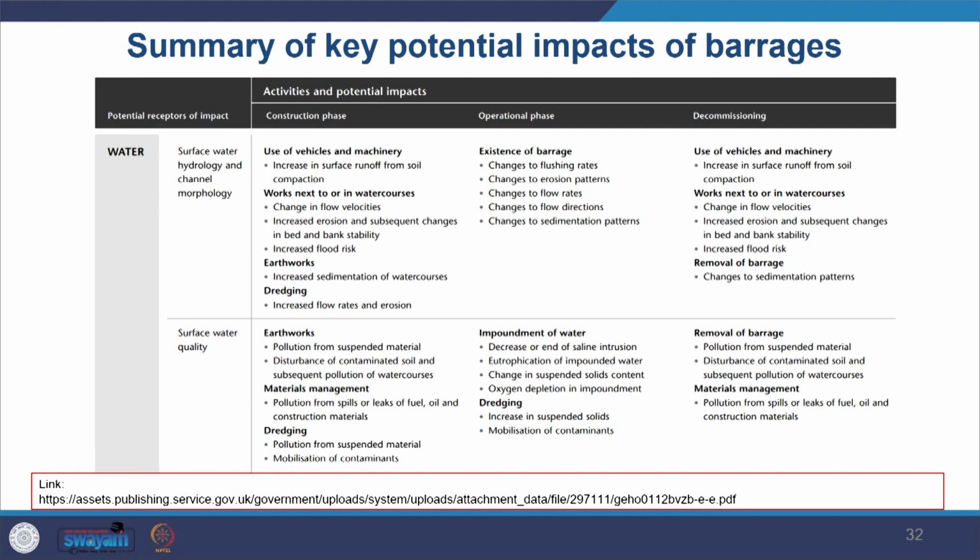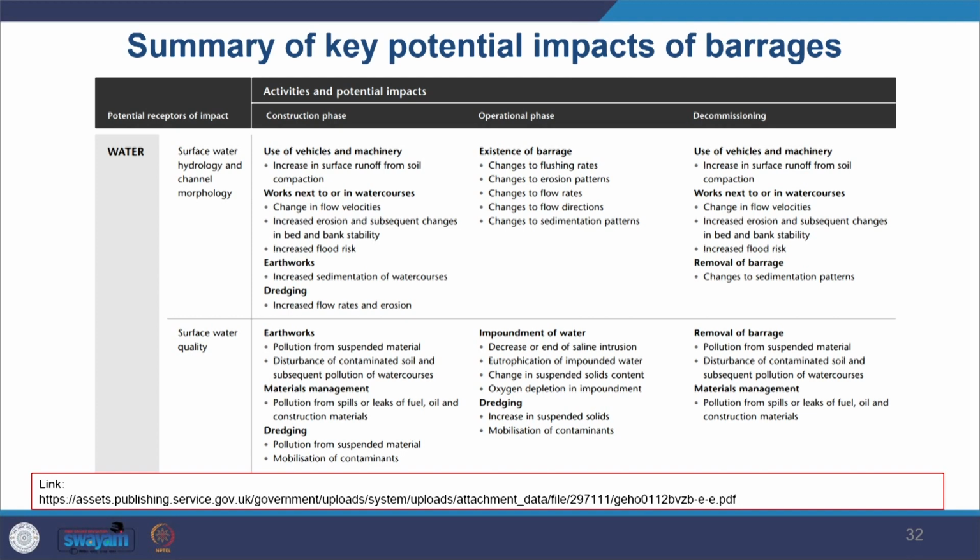You can see how impacts of barrage are there in the domain of water, surface water hydrology and channel morphology, surface water quality, and how different phases of the project, like the construction phase, the operation phase, and the decommissioning phase, have impact on the water environment.